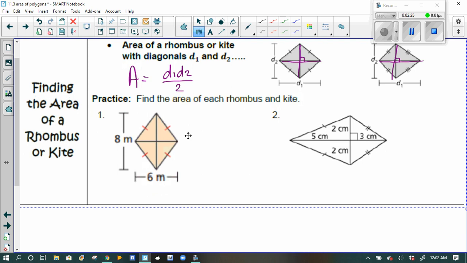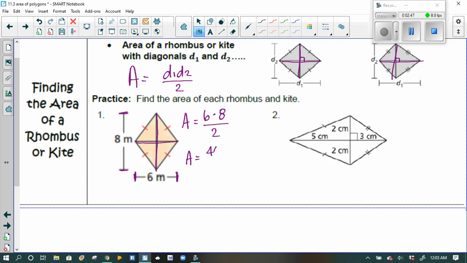So if we're going to find the area of this rhombus, they're telling us that from here to here, so that would be this diagonal here, is 6, and from here to here, so this diagonal is 8. So the area is diagonal 1 times diagonal 2 divided by 2.